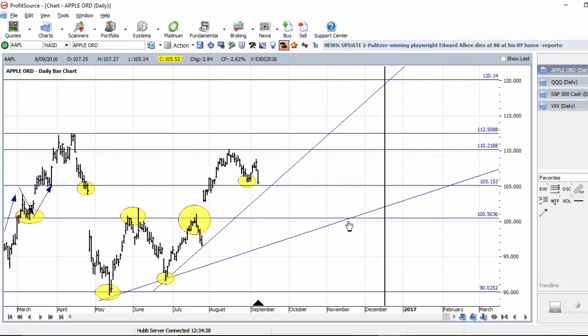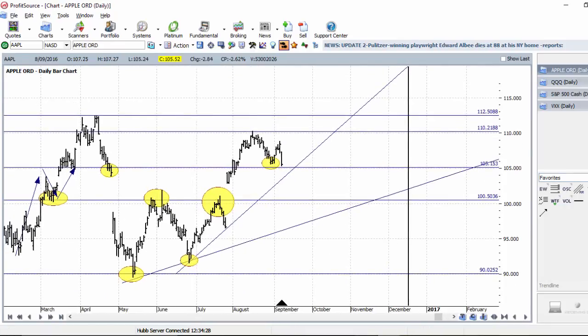It's obviously possible, but I don't believe that's going to be the future projection of Apple stock. So another way I like to look at this is to take a mid-view and project in the middle of these two projections to get some sense of where I believe we might be towards the end of the year.